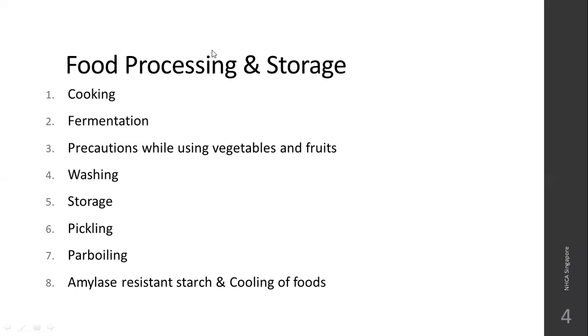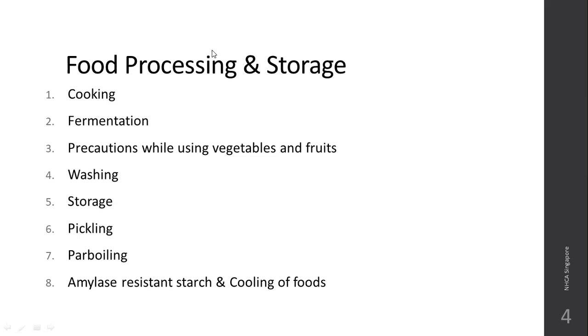In pickling, you use a lot of spices and all. In fermentation, the way you get curd is a form of fermentation. It's not pickling. In pickling, you use spices, use vinegar. Additionally, you put things so that it stays like this for a longer period of time with addition of certain bacteria.